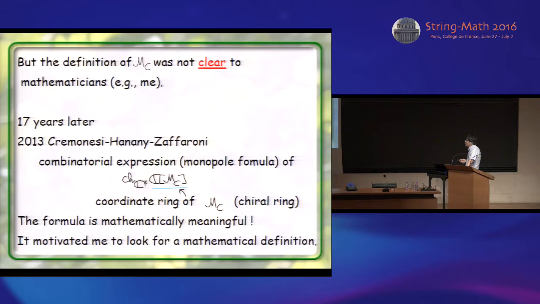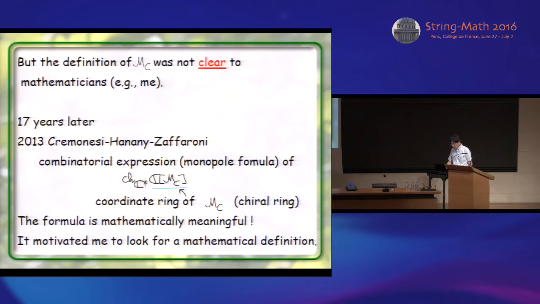So the ring of algebraic functions on this Coulomb branch is a representation of U(1), or it extends to C star. Then, in some cases, each weight space with this C star action is finite dimensional. Of course, M_C is a non-trivial variety, so the coordinate ring is an infinite dimensional vector space, but its character as a formal sum is meaningful. So this monopole formula is a mathematically meaningful expression.